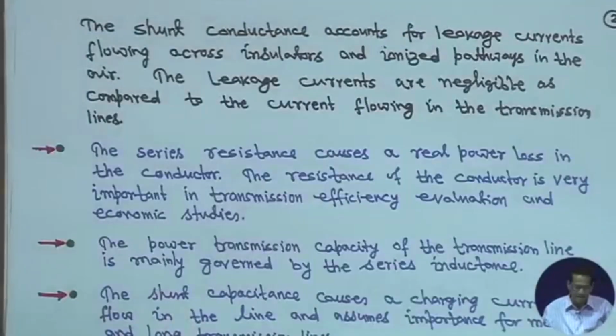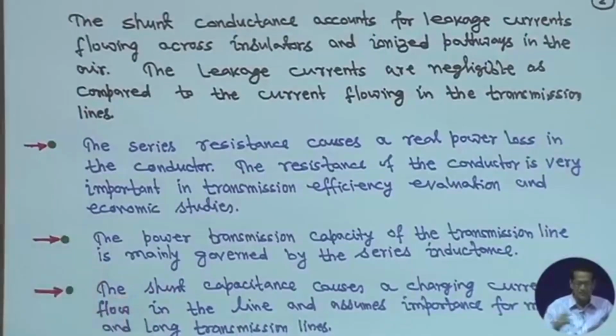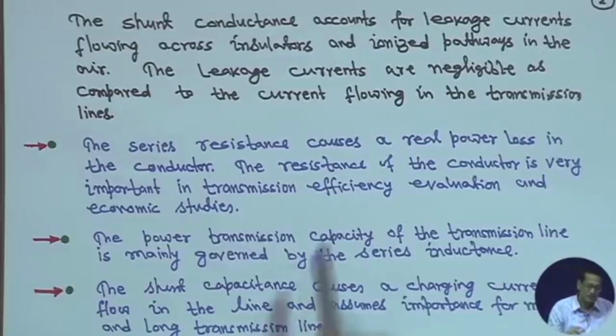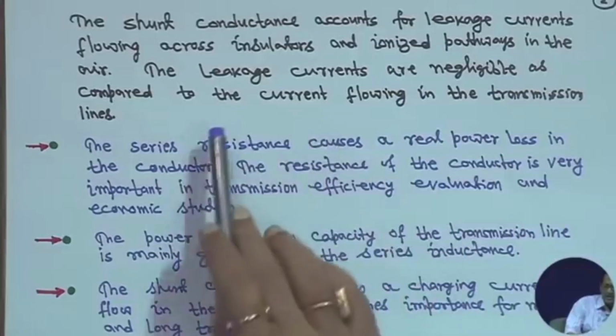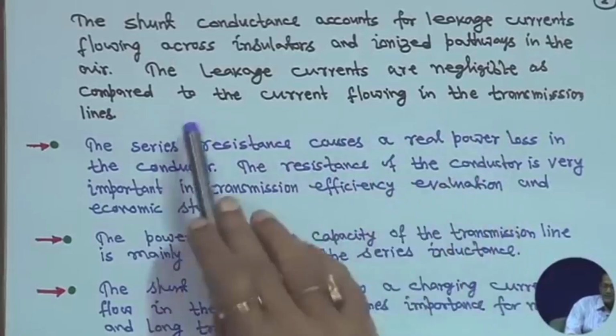So this shunt conductance: we have said there are four parameters, resistance, inductance, capacitance and shunt conductance. Shunt conductance accounts for leakage currents flowing across insulators and ionized pathways in the air, right. But these leakage currents are negligible as compared to the current flowing in the transmission lines.